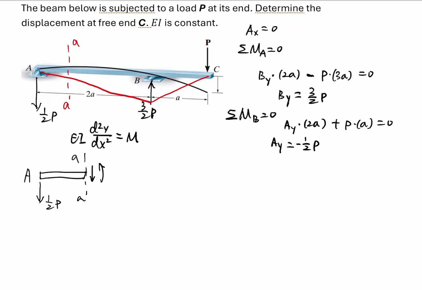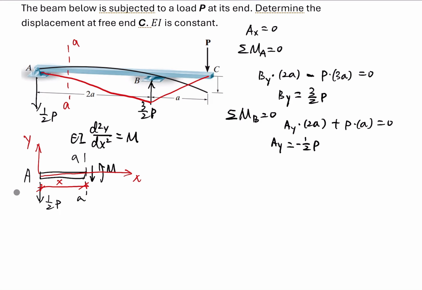We don't need to consider the shear force, so we only consider the bending moment. With the coordinate system y, x, the distance from support A to the cutting section is x.